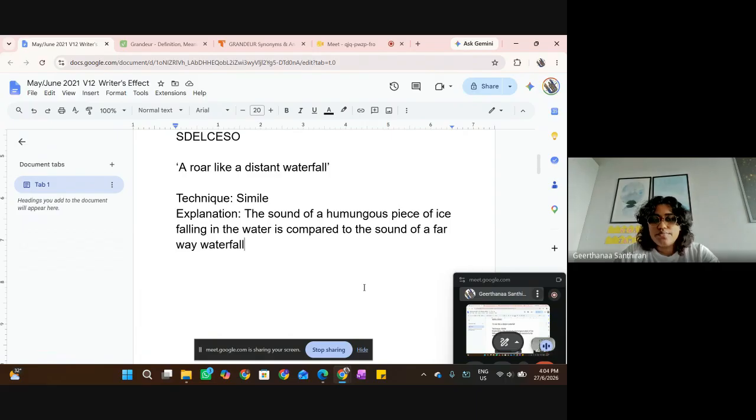Okay, so let's see. Let's just describe the waterfall first, the sound of a waterfall. So more description, right? Waterfall, what did I say? It's loud, it's fast, it's all encompassing.